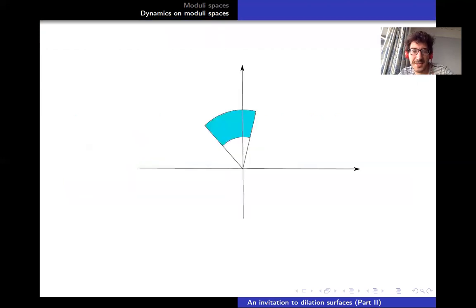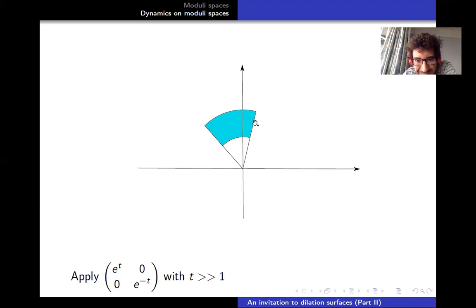So here I have a nice, fair cylinder, and it has the property that it contains the vertical direction but doesn't contain the horizontal one. So when you look at the action of a matrix of that form with a very, very large first coefficient and very, very small second coefficient, what does it do? It dilates the horizontal coordinates and contracts the vertical coordinates.